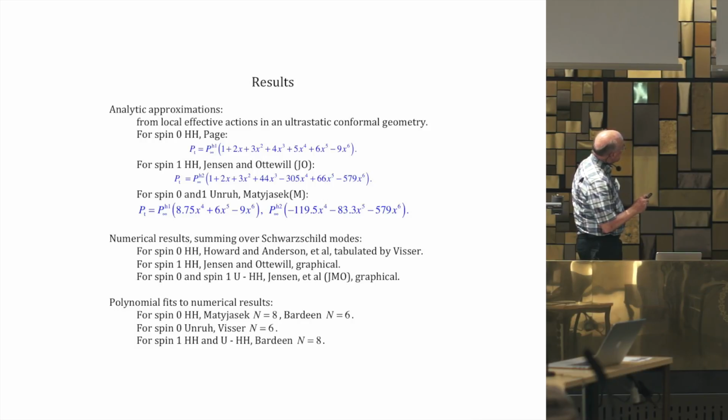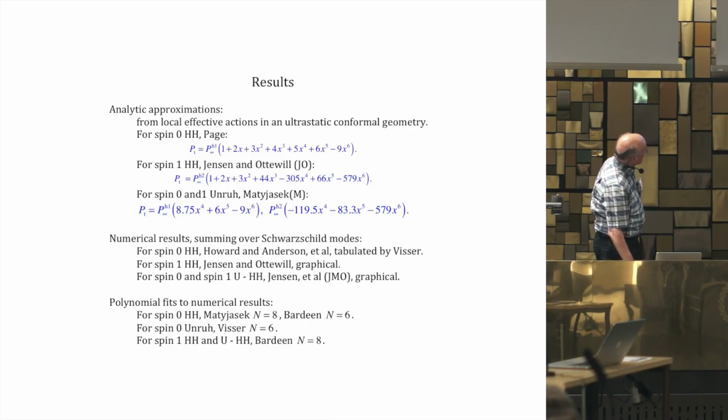And for spin zero Unruh, Visser did a numerical fit, n equals 6. And for spin one Hartle-Hawking and the difference, I've done numerical fits. My fits for that case are n equal 8.